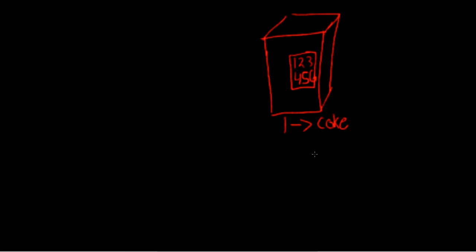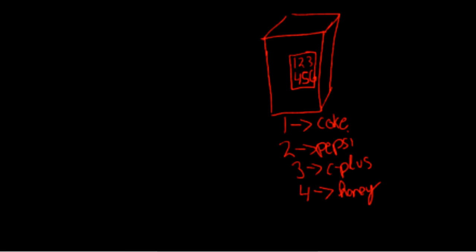So 1 would correspond to Coke, and when you press 2 you would get Pepsi, and when you press 3 you would get C plus, and when you press 4 you would get a Honey Cruller, because this vending machine has donuts.